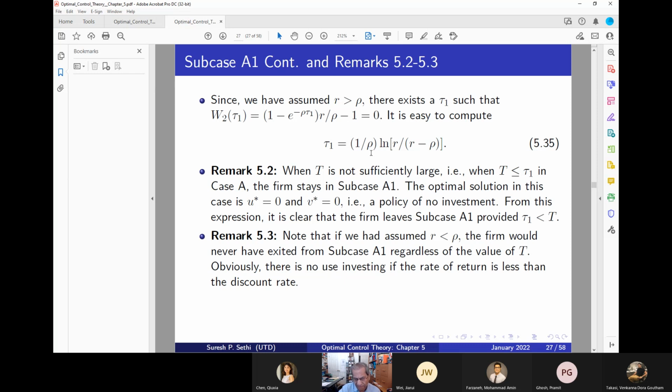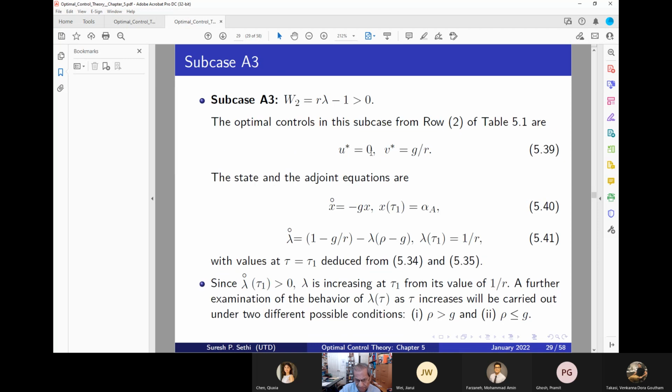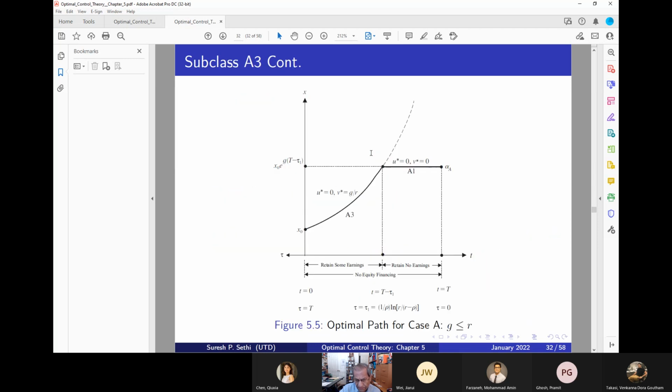So let me go to what happens. This is where we started, and we're going that way. And when we're going that way, we found that U star equal to 0, V star equal to 0, until this tau 1, because we are going this way. So tau equal to 0 and tau equal to tau 1 here.